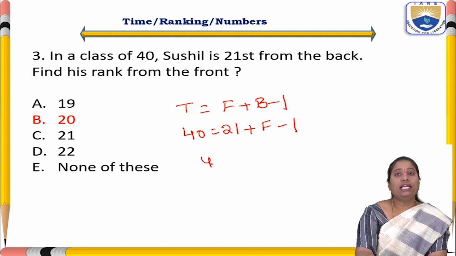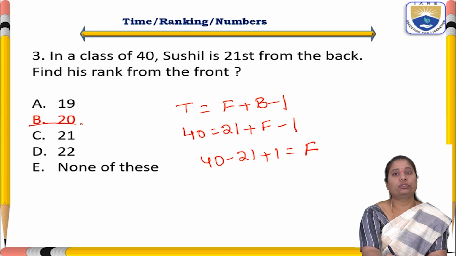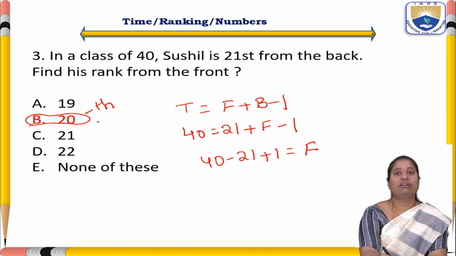Now 40 minus 21 plus 1 is equal to his front position. So 41 minus 21, that is 20th position. So now Sushil is the 20th person from the front side.